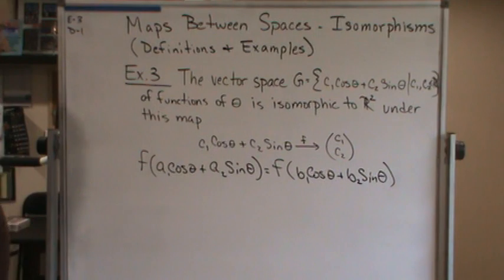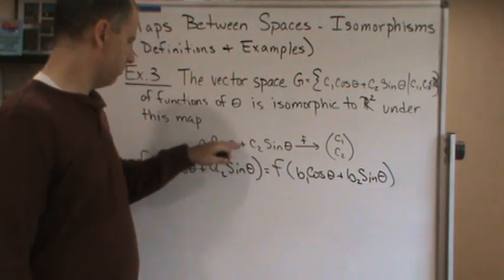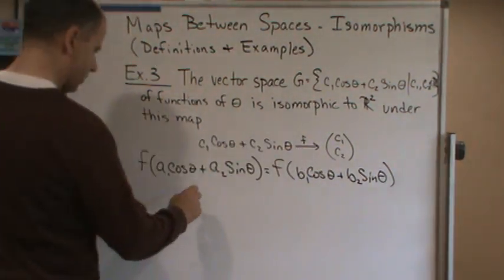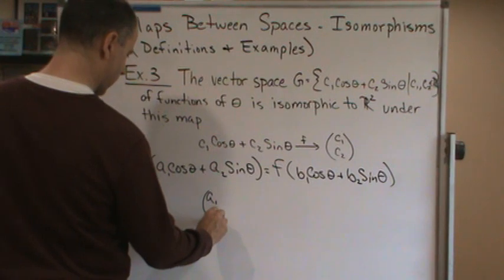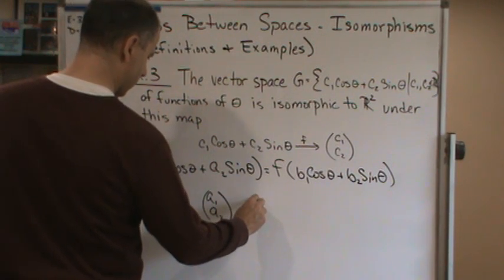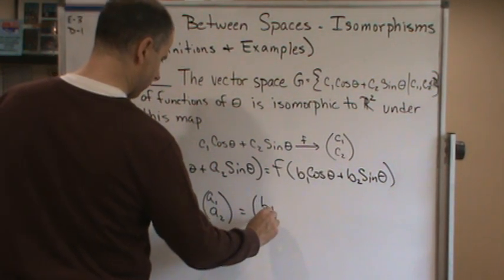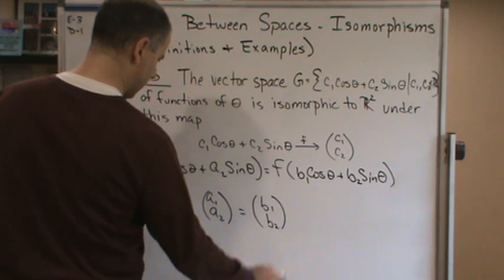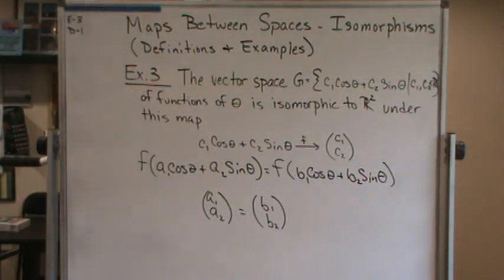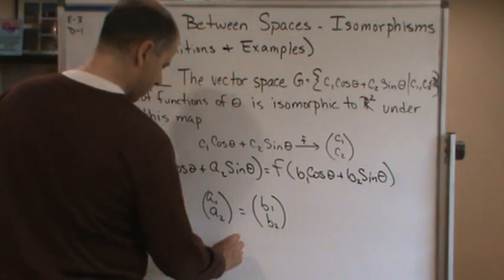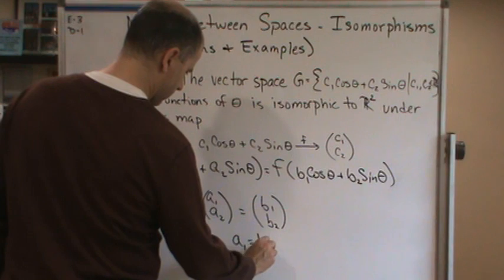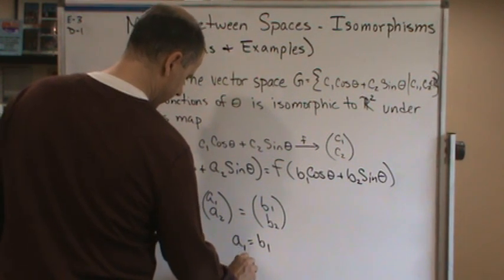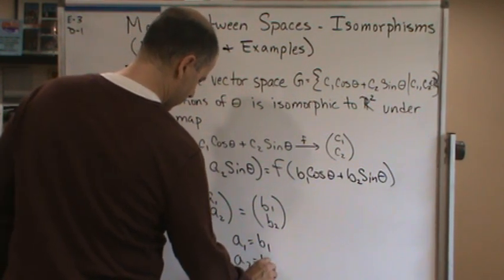Now we're going to apply this mapping to both of them. So this leads us to A1, A2 is equal to B1, B2, and of course, this leads to A1 is equal to B1, and A2 is equal to B2.